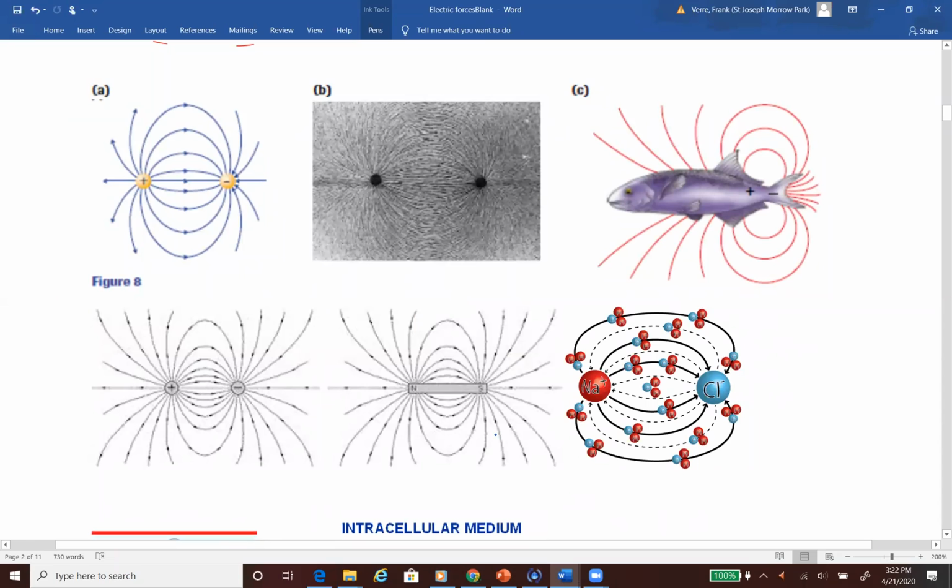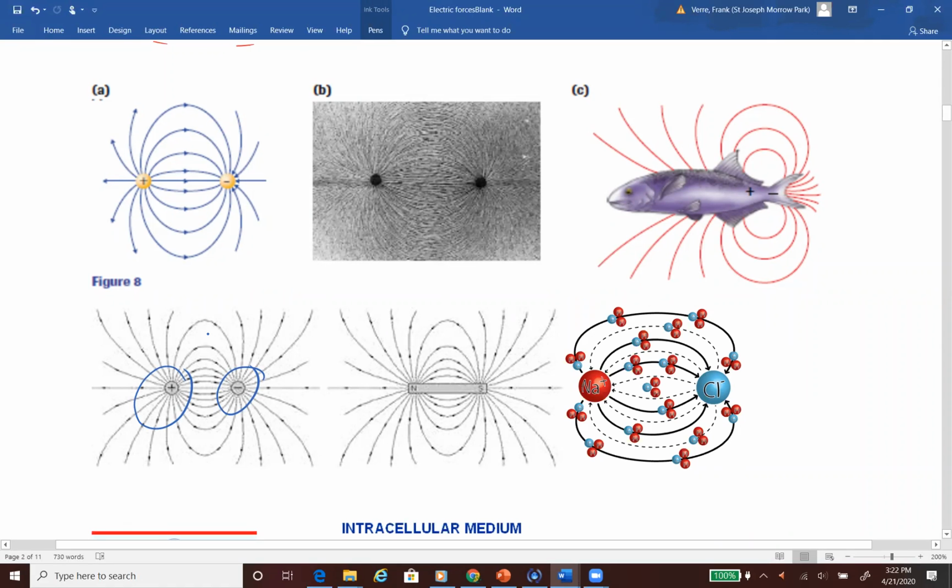I don't know if you remember the activity we did last year when you sprinkled iron filings around a bar magnet. It gave you a certain pattern. That pattern would be very similar if you were to look at the electric field when you have a positive and negatively charged object near each other.